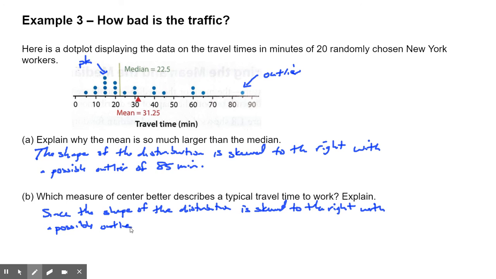We don't have to put the 85 this time. The 85 was to show why the mean was more. With a possible outlier, the median is a better measure of the center.